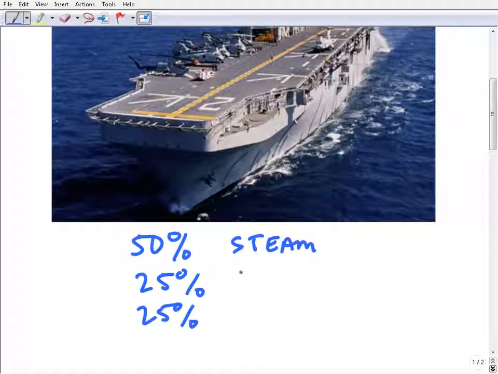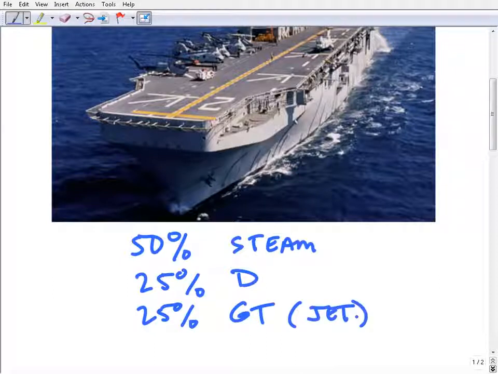The other half is composed of diesel engines, just like a big Mack truck running huge, gigantic diesel engines, and then gas turbine, which is basically like a jet engine.